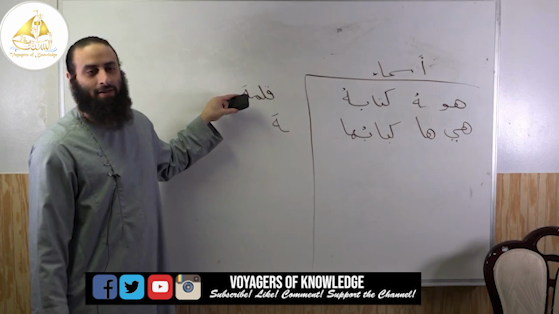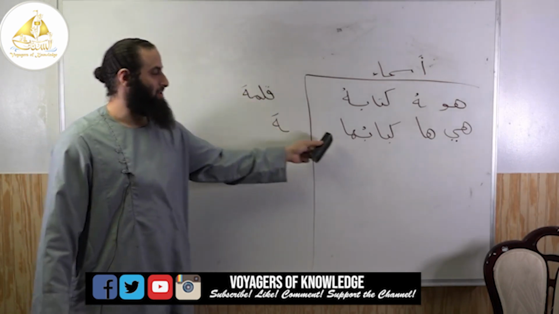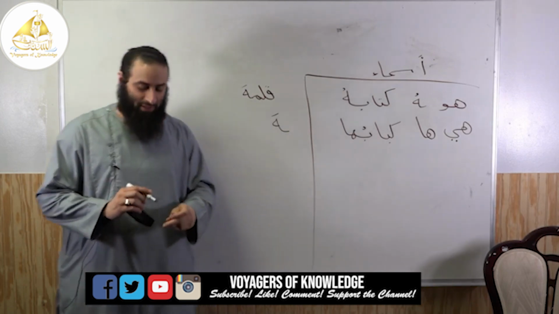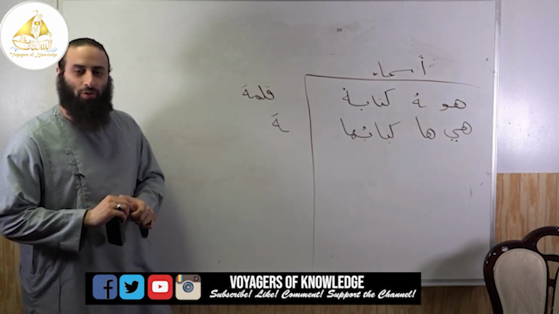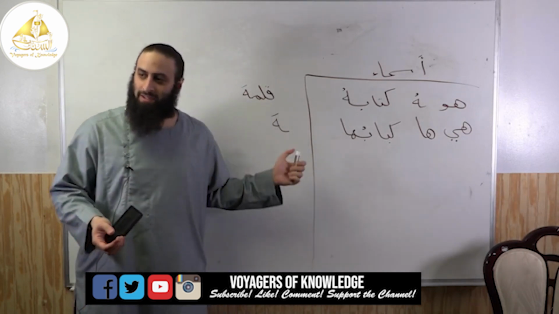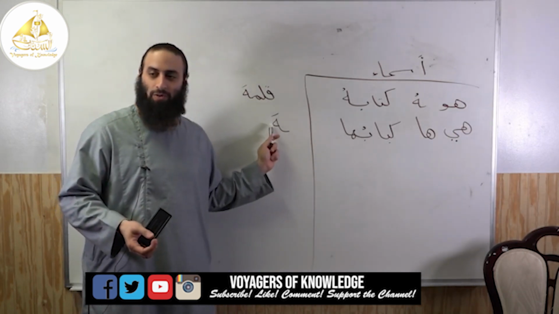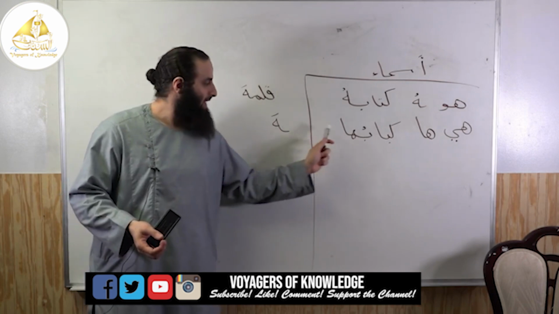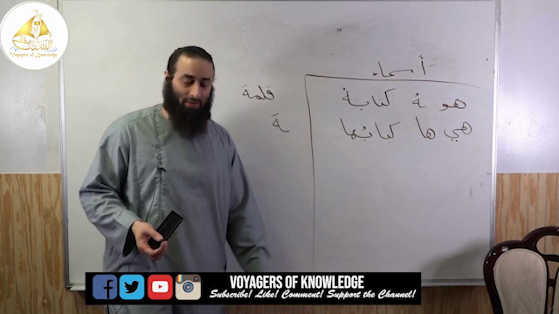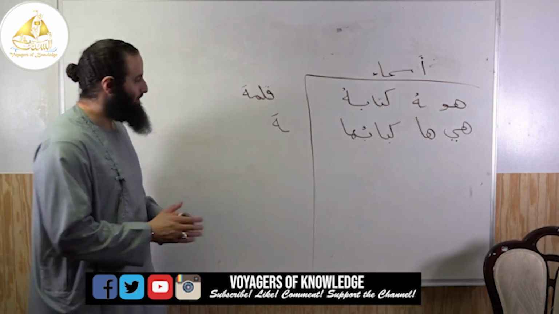Qalamuha. Not ha, which is what it's supposed to be. If you made that mistake, I believe I gave you the point. But as we progress, this type of mistake can't continue. If it has an alif, the alif needs to be there. Right?